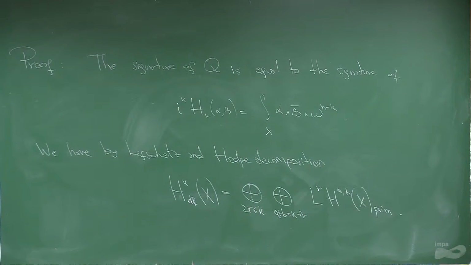Okay, so we already know the signature of Q, but for k equal to n. I mean, the signature of Q, the polarization, on the nth de Rham cohomology group.